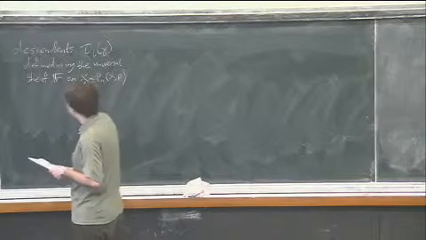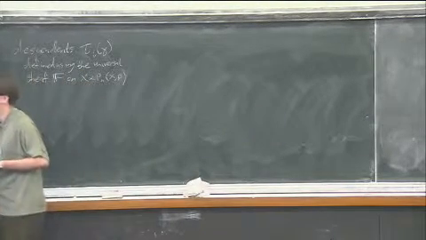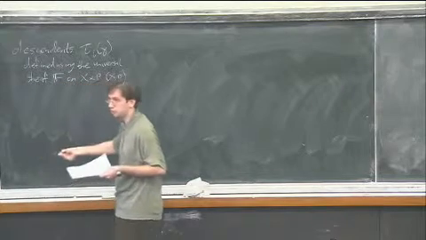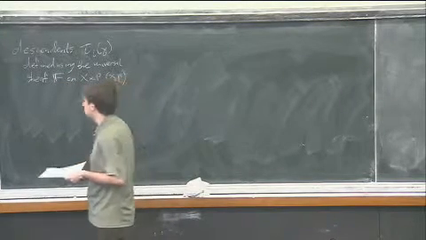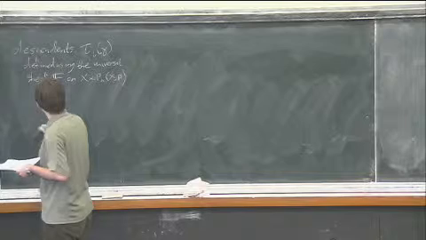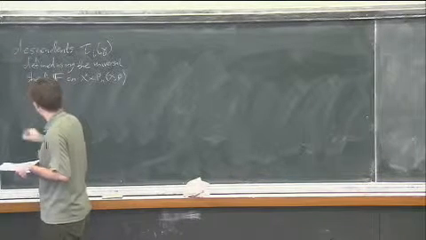Okay, so once you have descendants, you apply them to your virtual class. You then count the number of points you get after you bring things to degree 0.